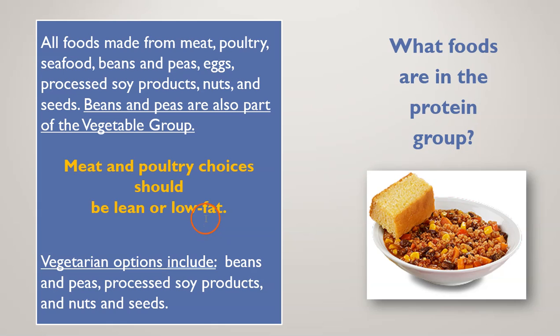And if you just look at a chicken in and of itself, some parts of the chicken are going to be lean or leaner and lower fat than others. For example, white meat on a chicken, the breast meat, has a lower fat content than a leg or a thigh. Legs and thighs are darker meat, higher in fat. The breast meat is white, lower in fat.